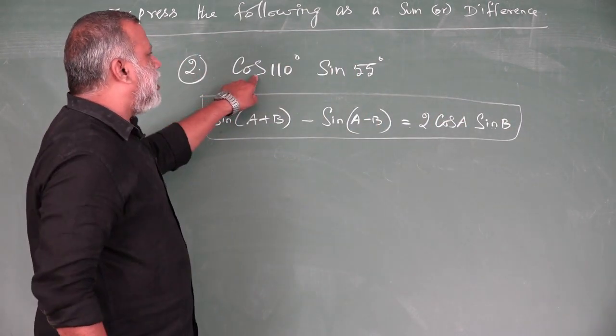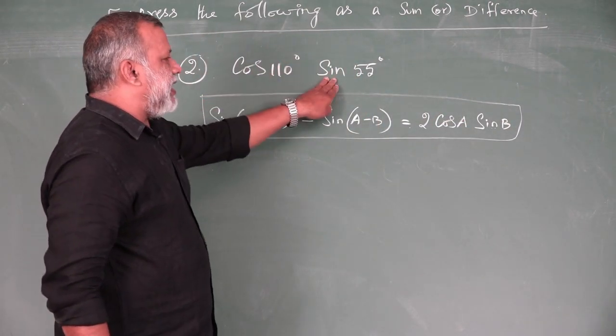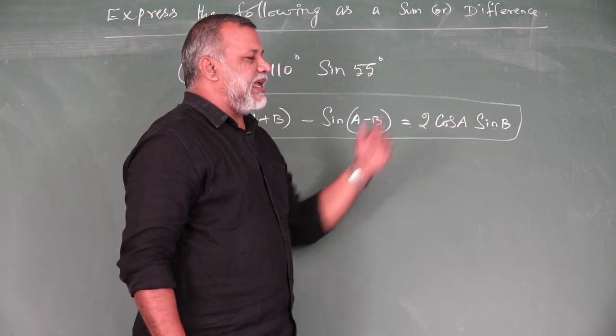See the given data, cos with sine, you can get 2 cos A sin B.